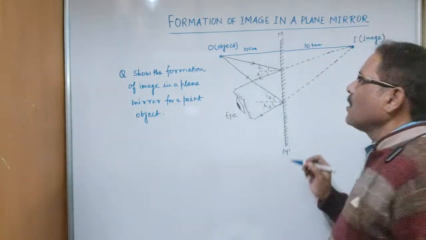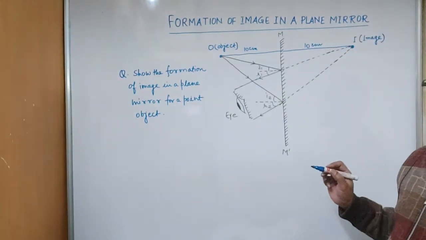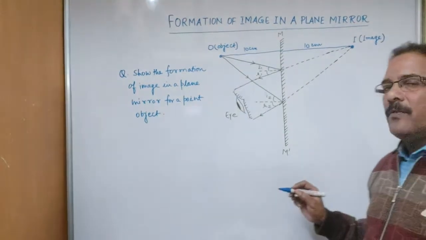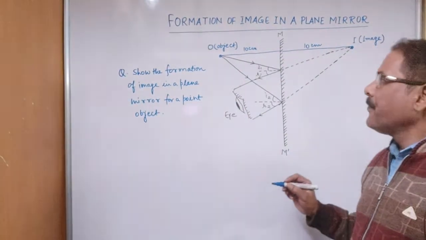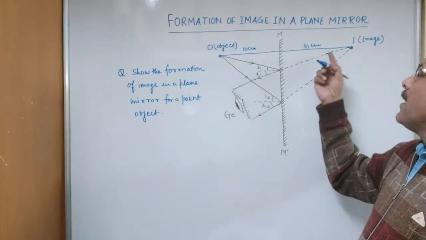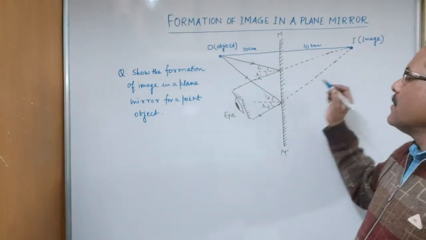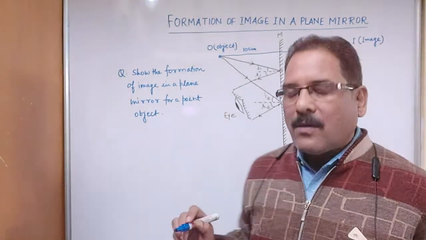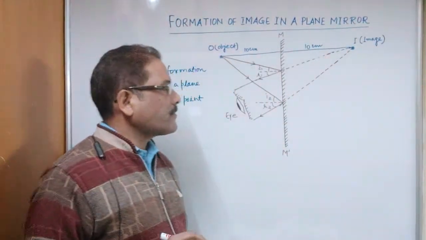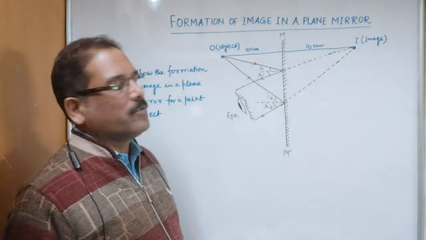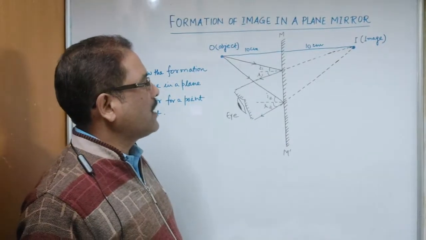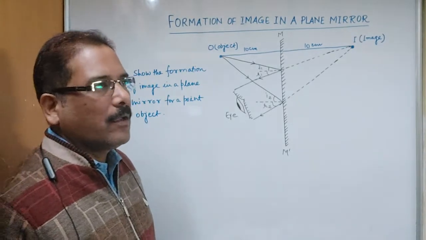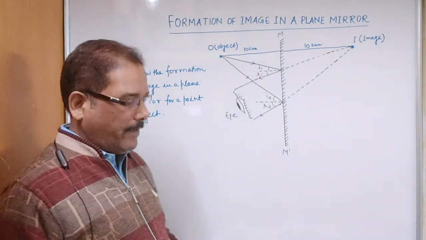Although it is not equal in my diagram because I have drawn it roughly, but if you draw it with a scale, then your image should be at equal distance. It means object distance and image distance are equal in case of a plane mirror. Then image is virtual, and virtual images are always erect, and virtual image cannot be obtained on a screen.